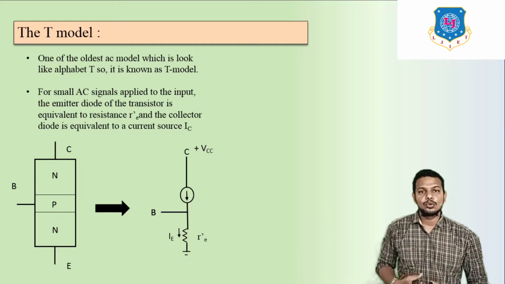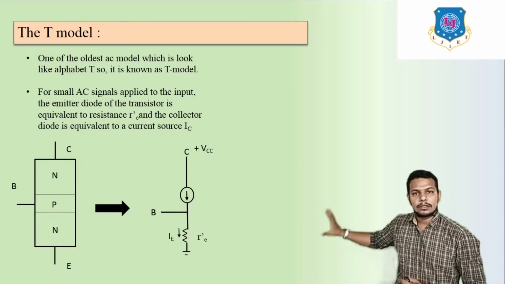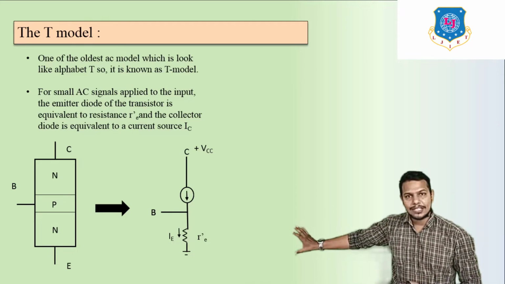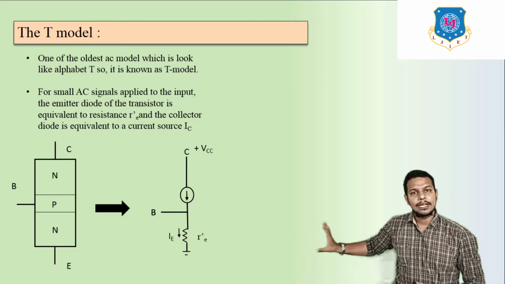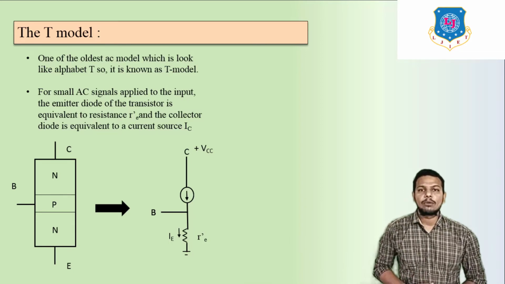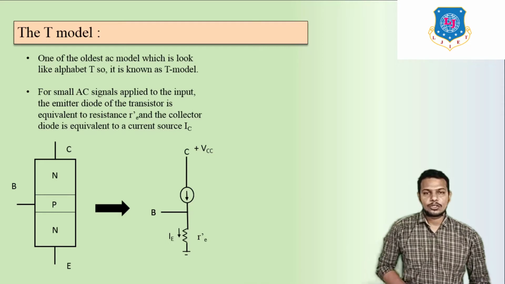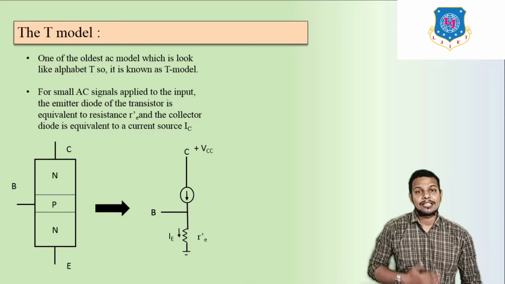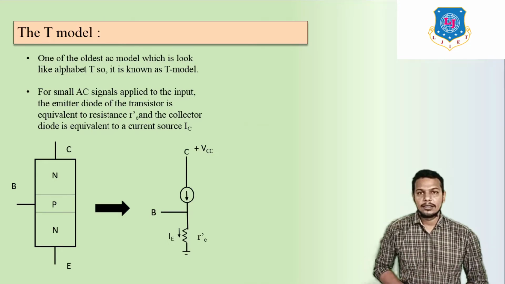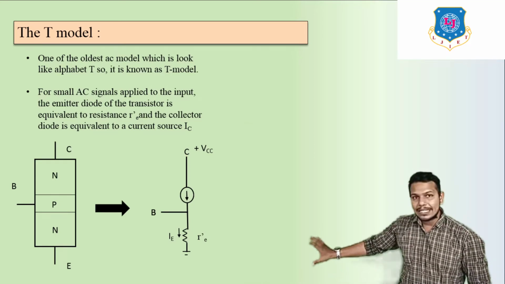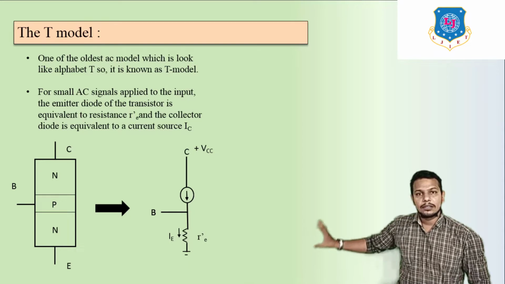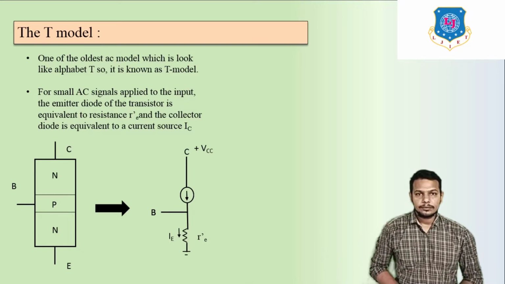So we have to transform this transistor into this equivalent circuit, and that becomes the T model analysis, or we can say this is the AC analysis. This chapter is based on AC analysis and small signal amplifiers. So through this we can analyze the T model.